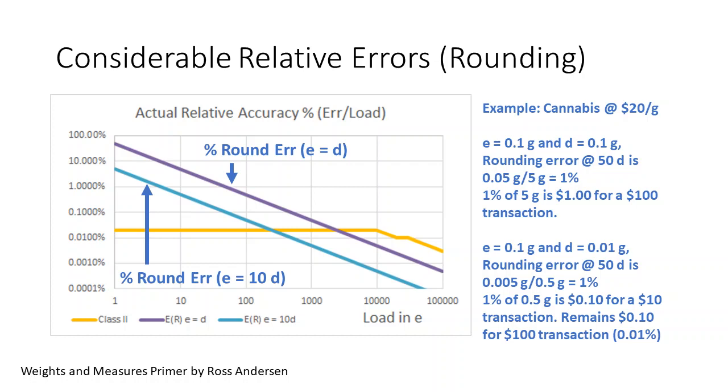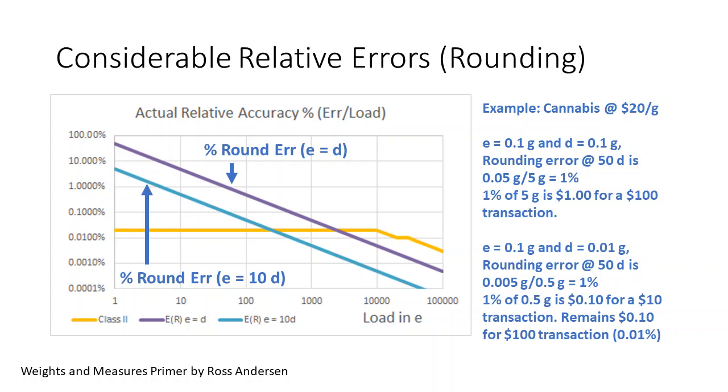The amber line for percent error of indication for class 2 was discussed in Part 1. Focus now on the purple line describing the rounding error of 1/2 D for the case where E equals D. At 1E load, the rounding error of 1/2 D is 50% relative error.